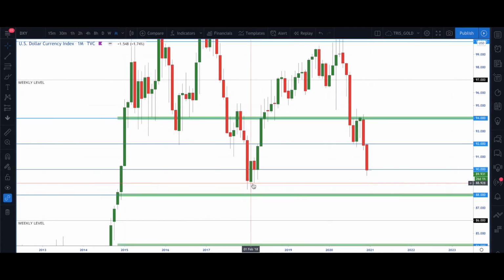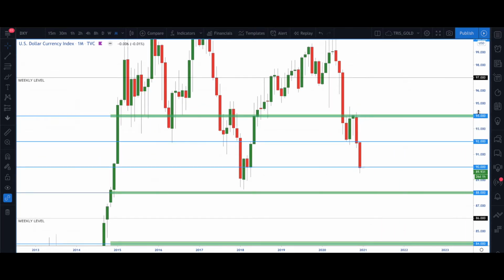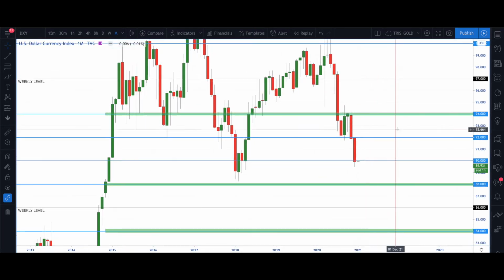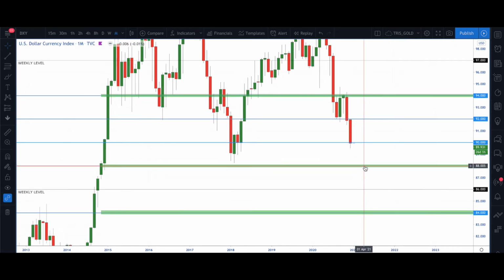So we can actually potentially see another spike lower than 90, maybe to 89, even potentially to 88, where we could see a small short-term retracement, maybe for the first few months of 2021, up to 92 or 94, and then potentially roll over back down to 88.